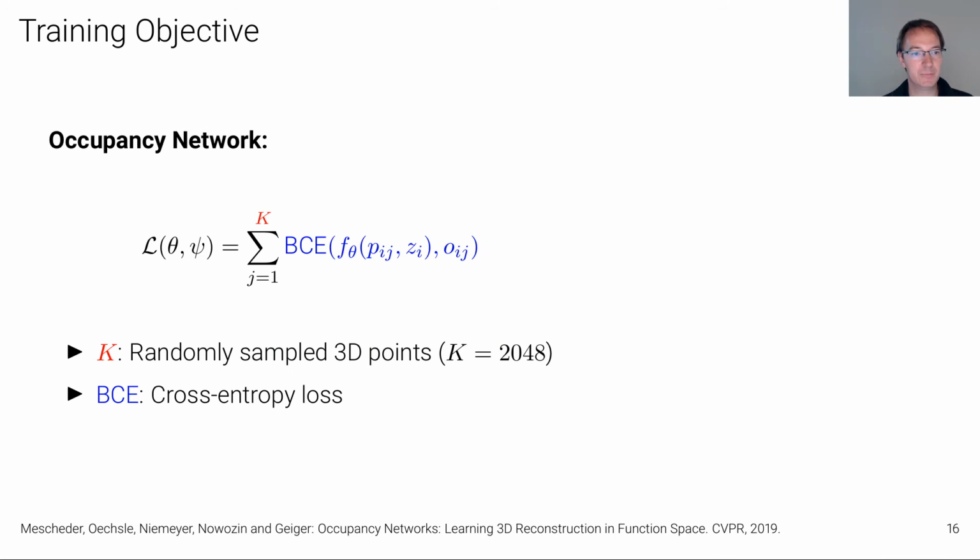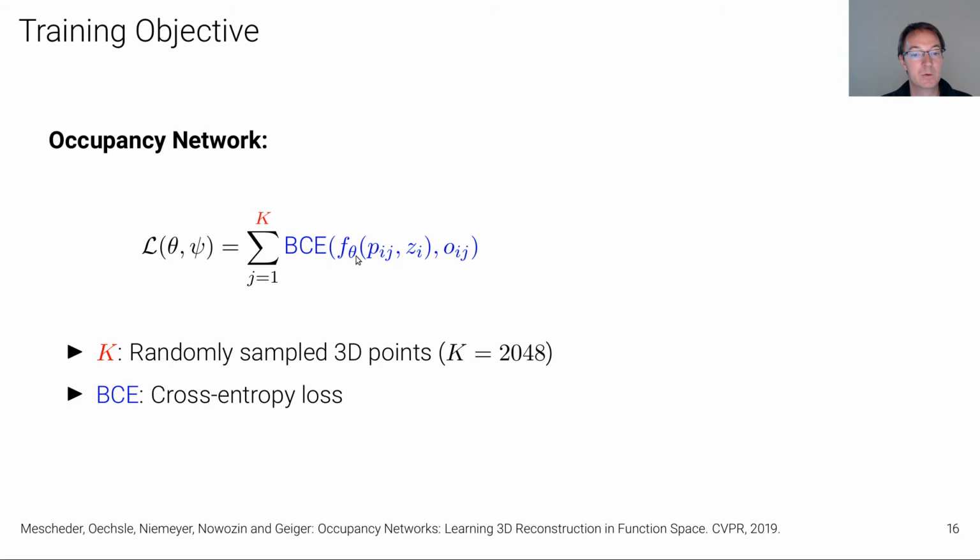This network can be trained using a very simple classification objective. We call it the occupancy network. The objective that we use is a simple classification loss, the binary cross entropy between the ground truth label. So we assume this is supervised learning. So we assume that we have the ground truth occupied label for each of the 3D points that we train with.